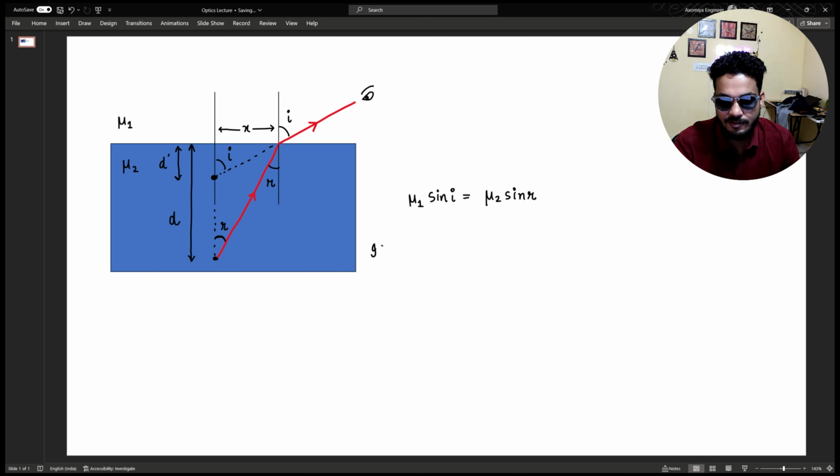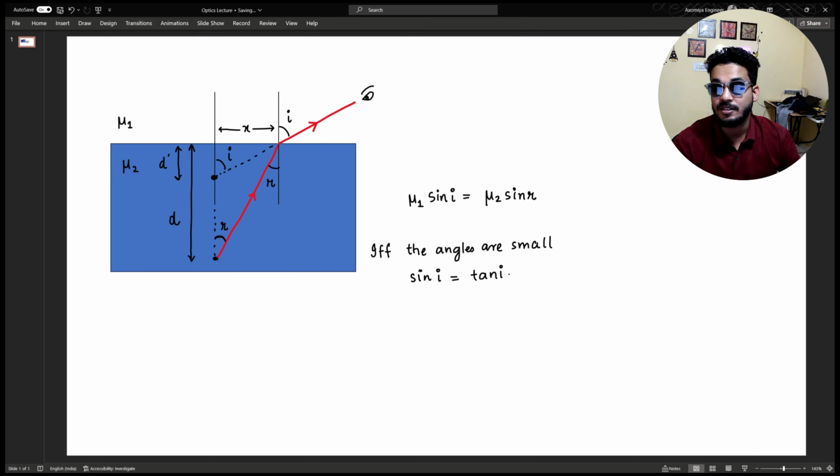Now this is a very big if: if the angles involved are small, then I can write that sin i is essentially equal to tan i. This is very strong, and very true only for small angles.